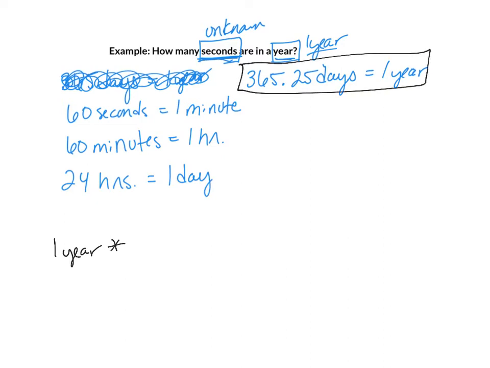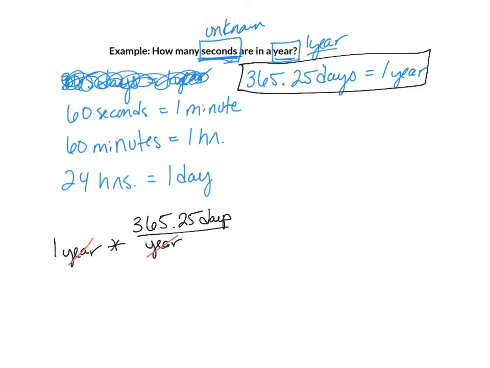So I could say that there's 365.25 days per year. Oh, wait, does that work? It does, because I cancel out years, and now I'm in the unit of days.